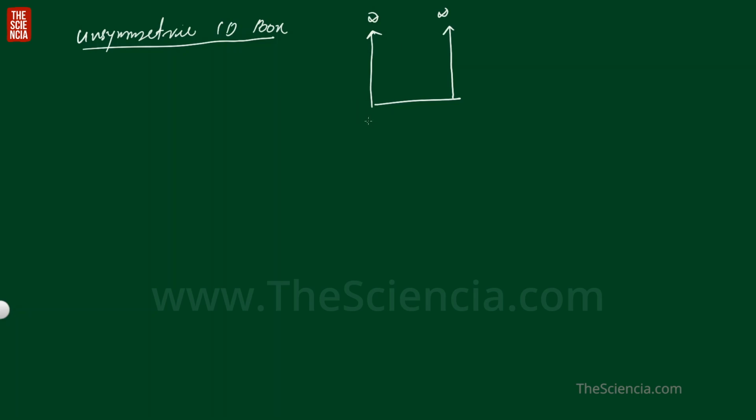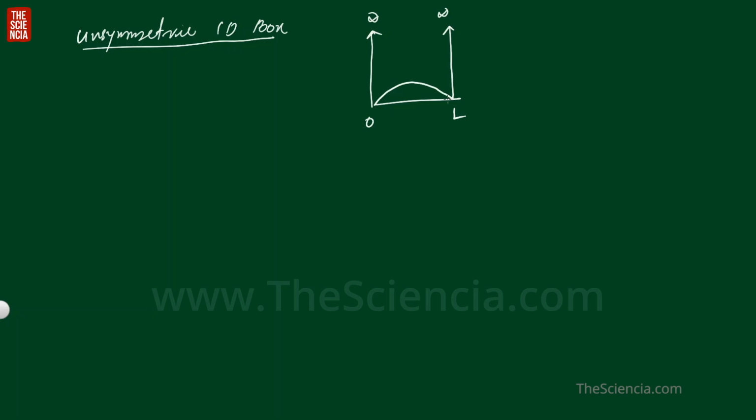Let us discuss the unsymmetric box first. Particle in an unsymmetric 1D box. Okay, so this is our 1D box of length 0 to L.